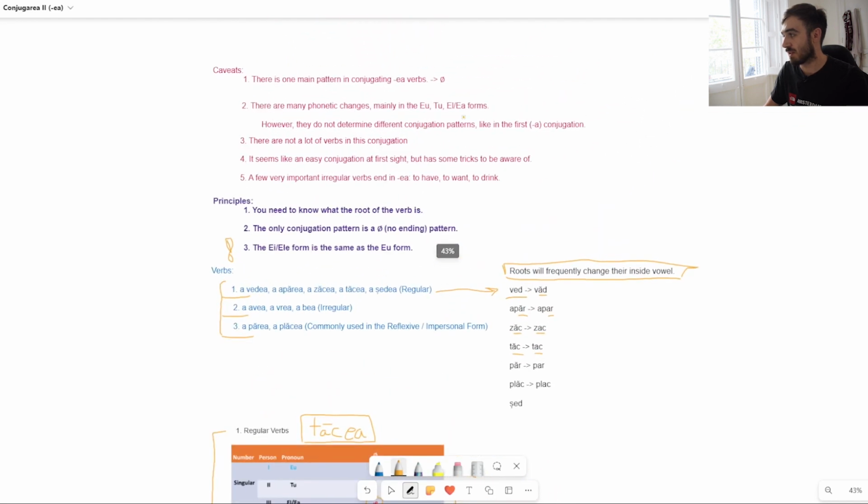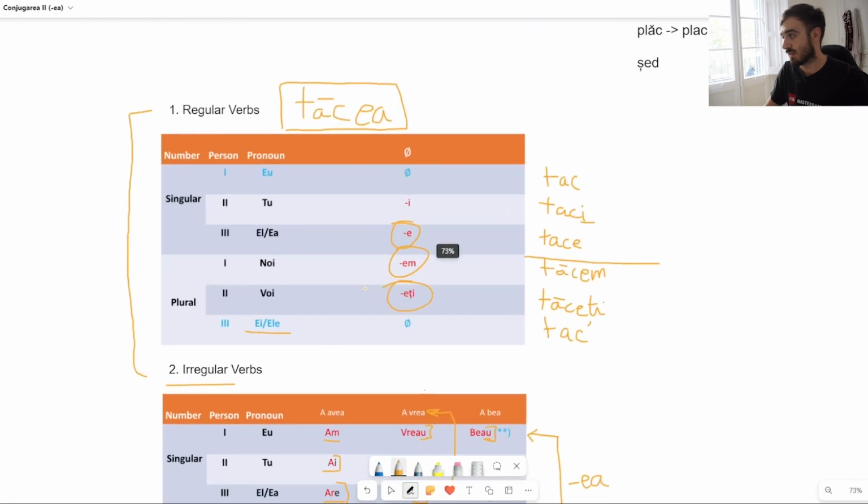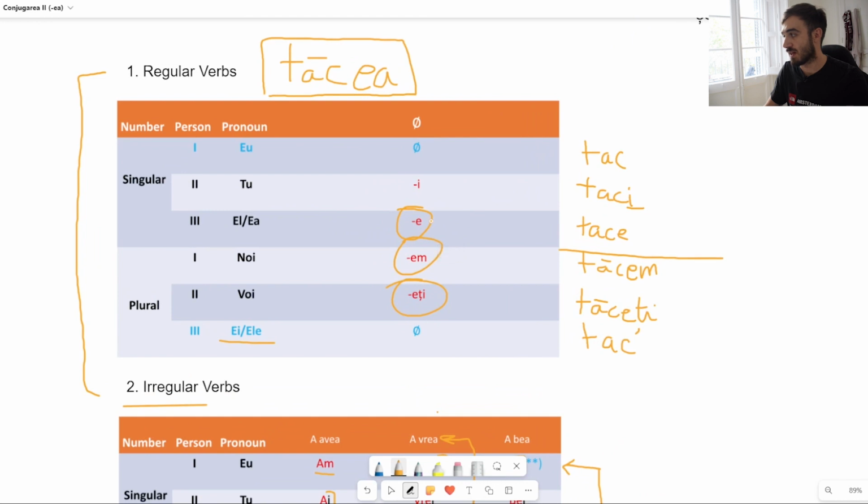Also be aware it's quite an easy conjugation if you are aware of how this conjugation rule works. And also the patterns are very important and will help you a lot in the future if you know exactly where the ending comes from and which letter is chosen for those 3, which is E, as you see here.